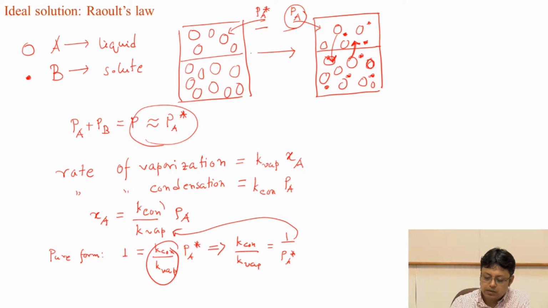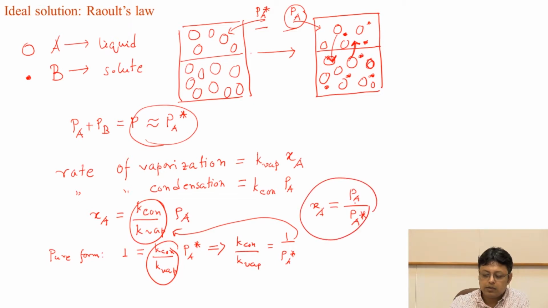You can use it in this equation again and eliminate these arbitrary rate constants, and you can easily figure out that XA will be nothing but PA divided by PA star. And that is the essence of Raoult's law.